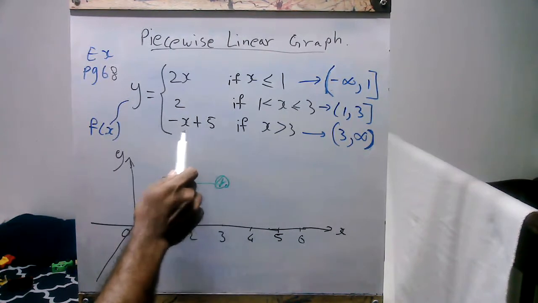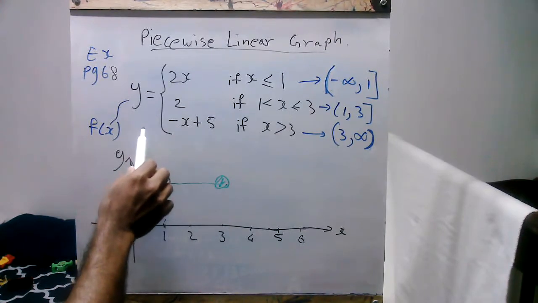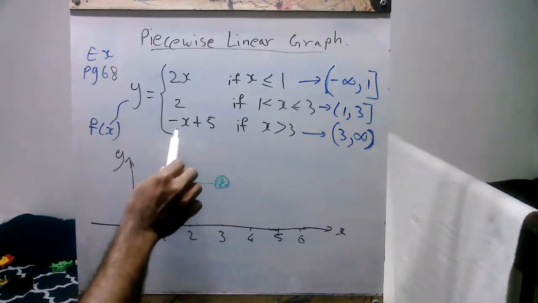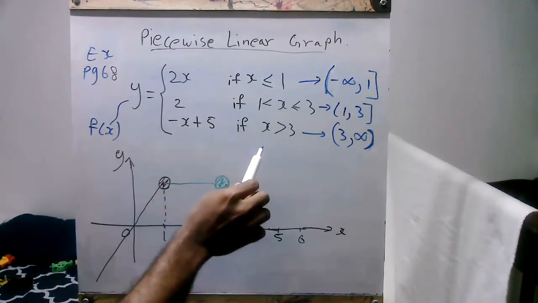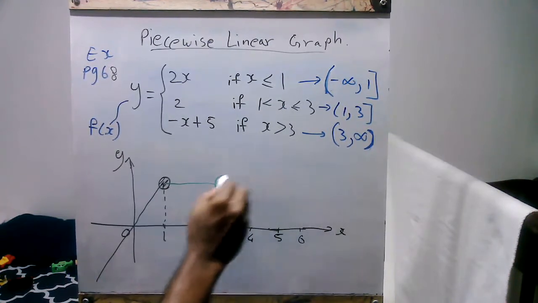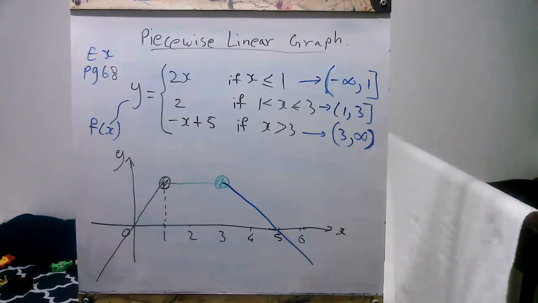Let's see what happens where it's crossing the x-axis. When it's crossing the x-axis, its y coordinate is 0. If you set negative x plus 5 equal to 0, x equals 5. That means it should go through this point, greater than 3. So it will continue to go like this. This end it is like this, this end it is like this.